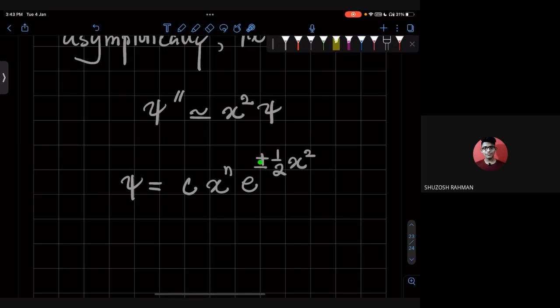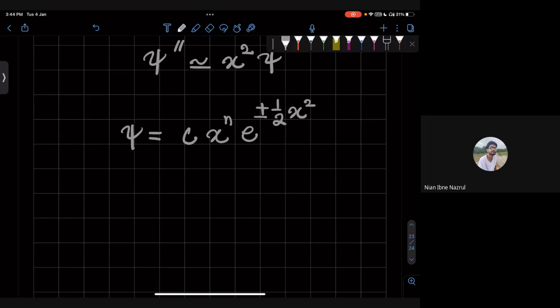Can you tell me which sign? Minus. Right, exactly. I'll leave it to you to verify that this is a solution to that equation, but we are going to take the minus sign.